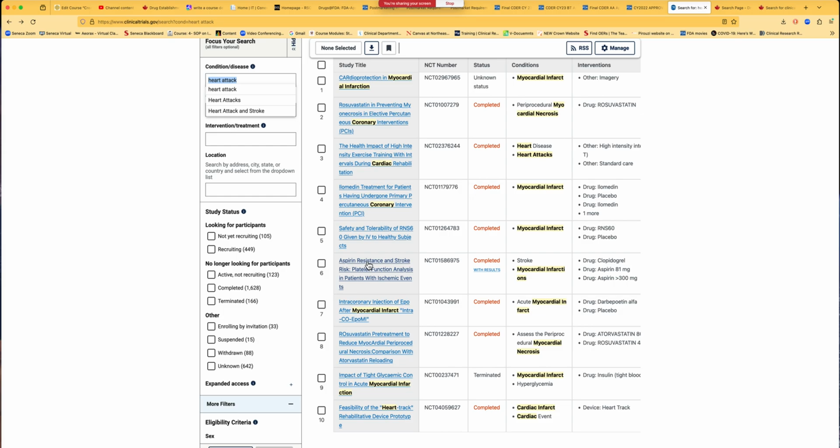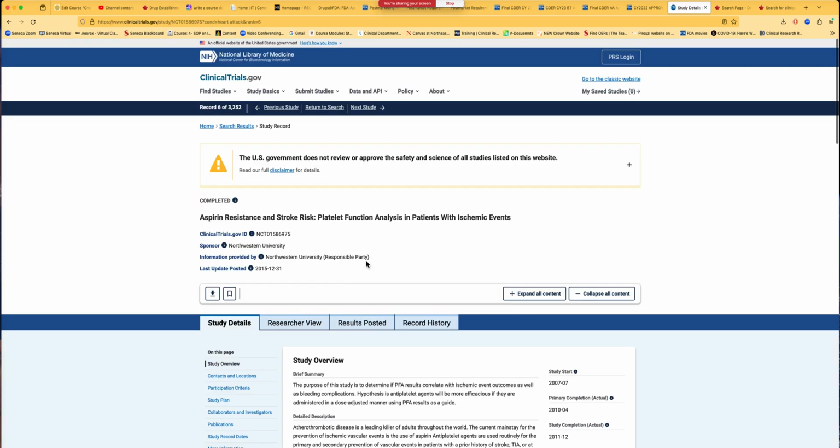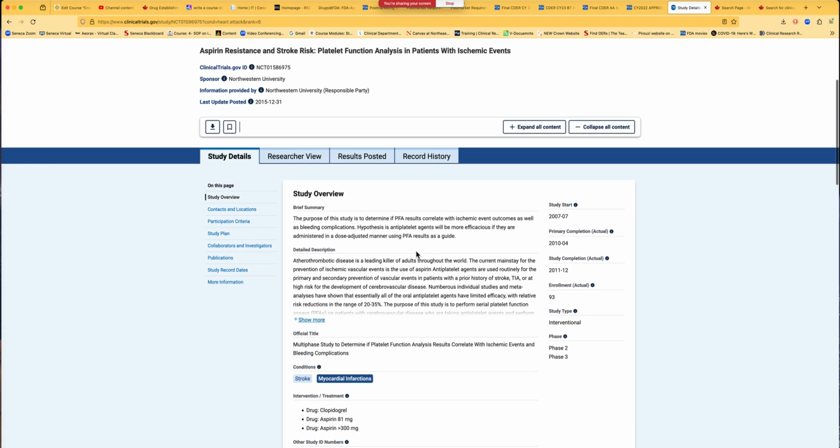Interesting. This is completed as well. And when I click on that, the database is going to show me the study overview for that specific study. I see that there is a start date, there is a primary completion after 3 years, there is a study completion after 4 years. I had 93 patients.